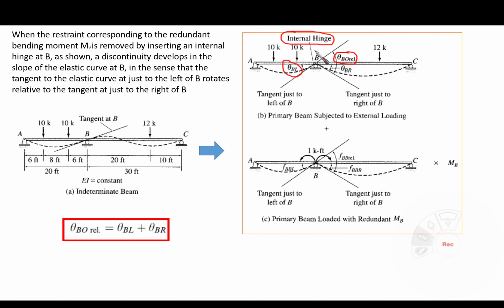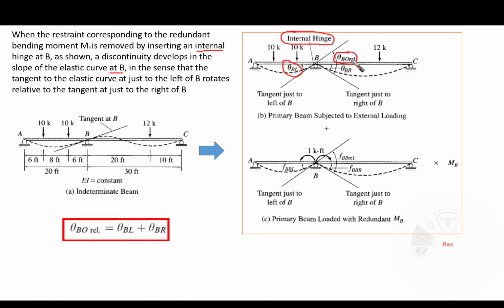So, if MB is removed by inserting an internal hinge at B, as shown, a discontinuity develops in the slope of the elastic curve at B. As we can see, we have a discontinuity, in the sense that the tangent to the elastic curve just to the left of B rotates relative to the tangent just to the right of B. As you can see here, this is the tangent before, this is the tangent after.